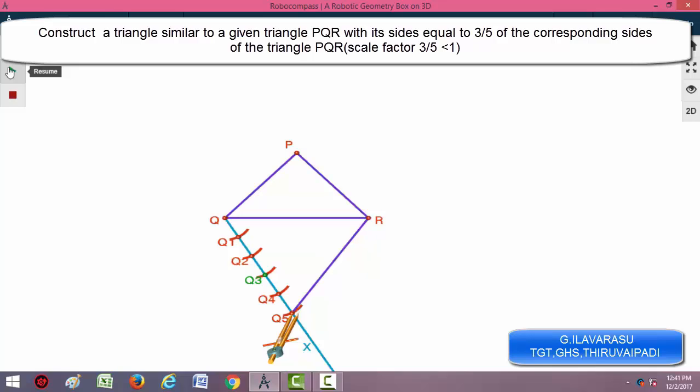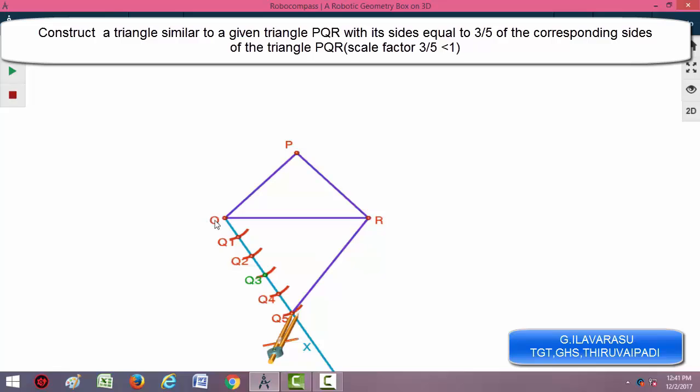Q5R. So to draw the parallel line, we know that when two parallel lines are cut by a transversal, corresponding angles are equal. So this Q5 angle will be equal to this Q3 angle if we draw a parallel line here. So we need to draw the Q5 angle at Q3. So for that purpose, take any radius.